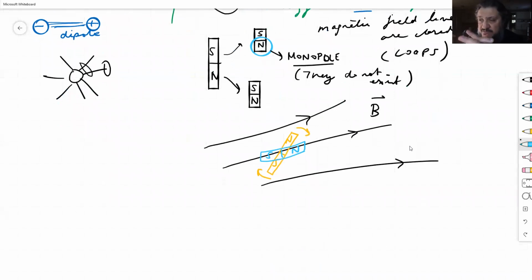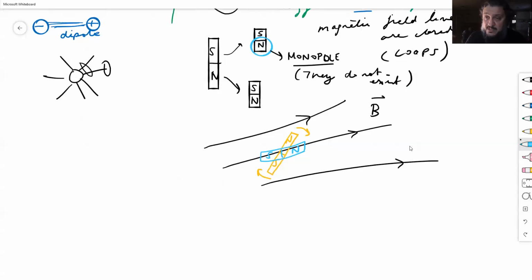Now, this doesn't really answer the question why we have magnetic fields in the first place. Yet, this is actually well understood. I mean, Maxwell's theory and the experiments by Oersted and Ampere tell us where and how the magnetic fields are generated.